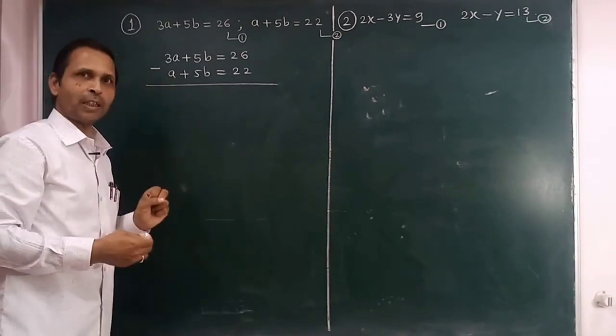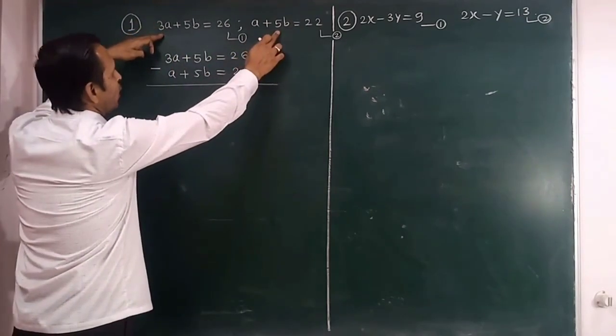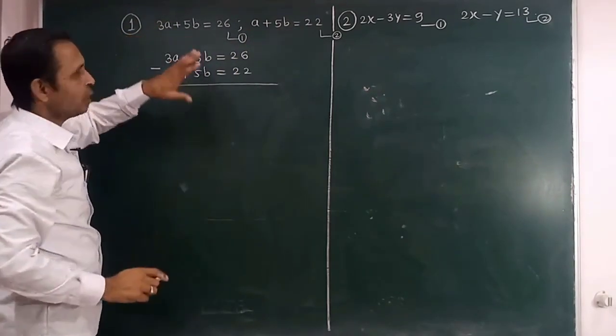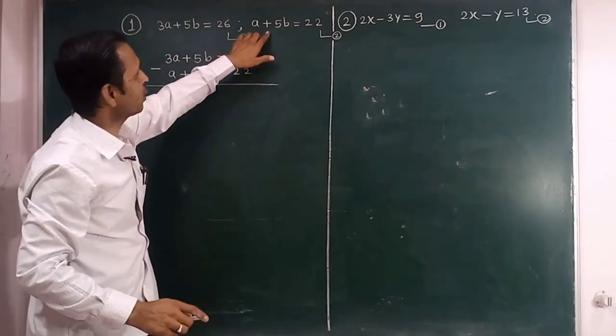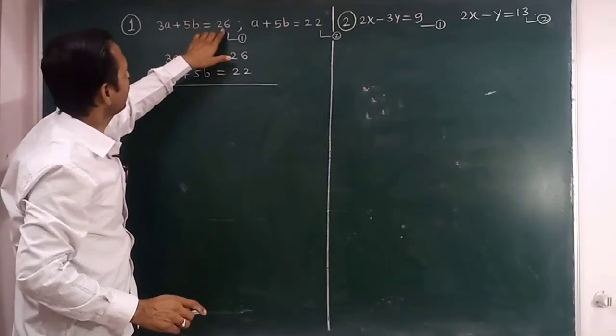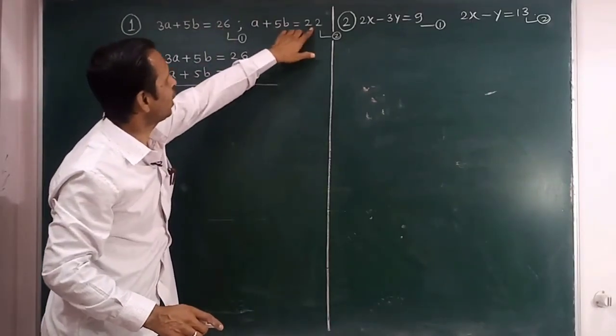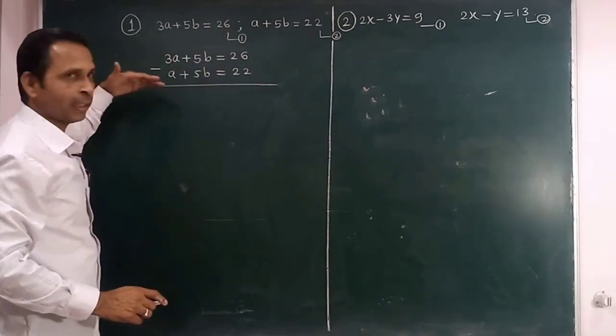Why will the sign be changed? See here, subtracting the second equation from the first means what happens? We subtract LHS from LHS. This LHS will be subtracted from this LHS, and this RHS, that is 22, is subtracted from 26. This is the vertical method.